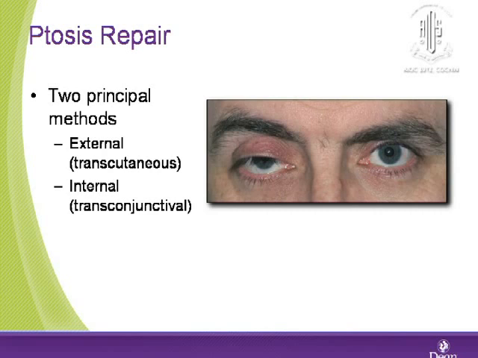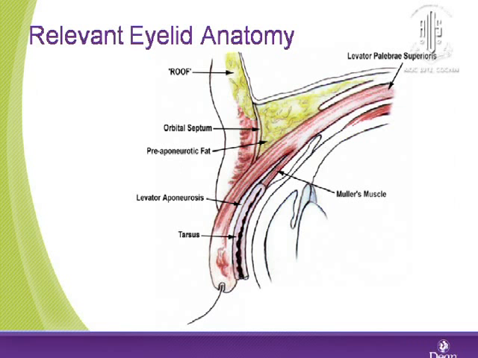The external approaches can also be termed transcutaneous and the internal transconjunctival. Sometimes the internal approaches are given different names, conjunctivo-Muellerectomy, Fasanella-Servat. I really think that both approaches are analogs to the exact same procedure, simply with an incision in a different place, and I'd like to explain that to you.